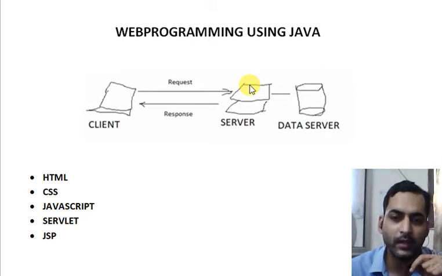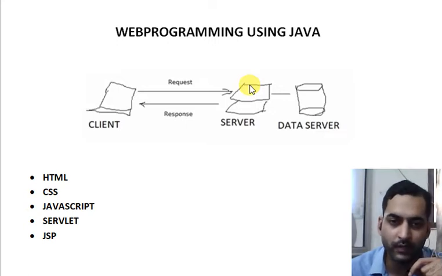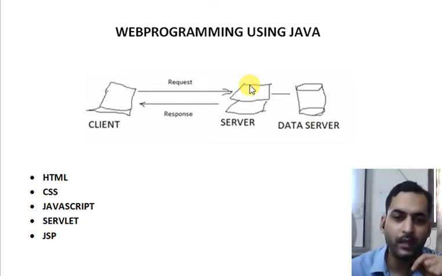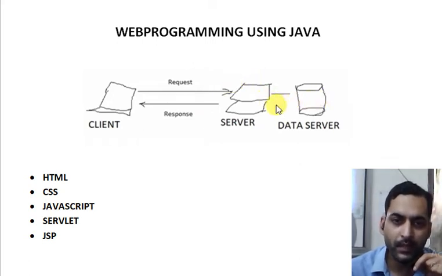If it requires some computation, then the web server performs some computation with the help of some helper application. I will explain later what is the meaning of helper application here. If it needs some data, then with the help of the helper application it fetches data from the data server and prepares the page and sends it to the client.